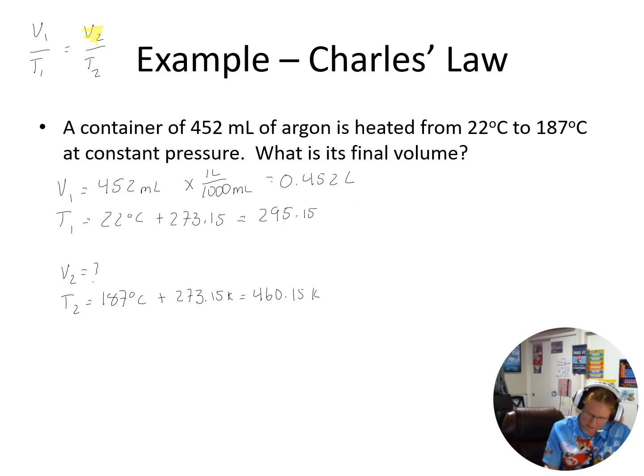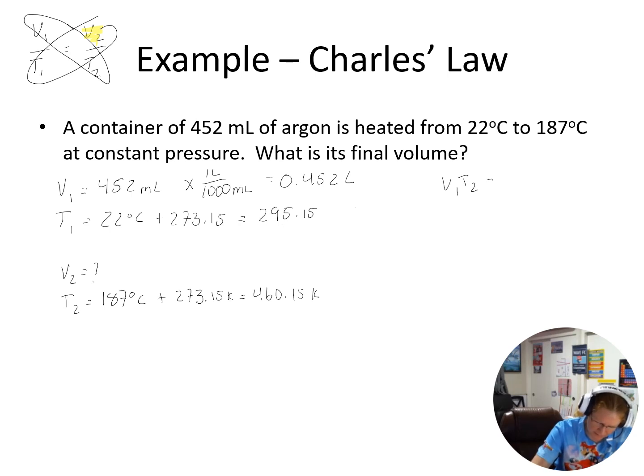All right, now when we solve this, what we're trying to solve for right now is our V2. So if you're shaky on the algebra, we can do a cross multiply. So if I cross multiply these, I'm going to get V1 T2 is equal to V2 T1. We need to isolate V2 because that's the variable that we're solving for. So to do that, I'm going to have to divide both sides by T1.